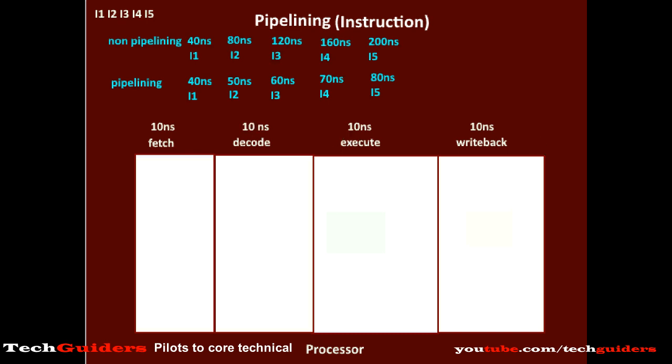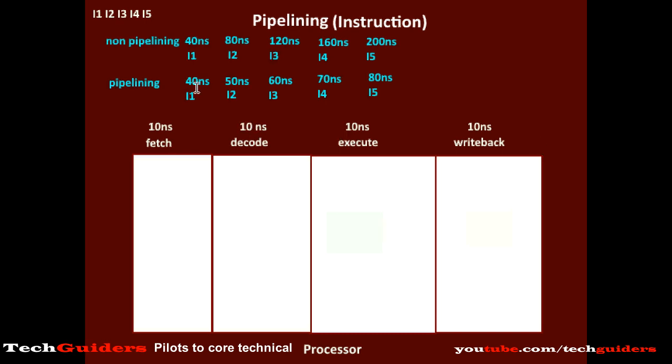each phase. In other words, we can say in the non-pipelining approach, within 80 nanoseconds we are processing two instructions. At the same time, in pipelining, within 80 nanoseconds we are processing 5 instructions.